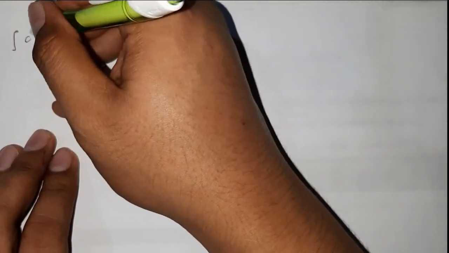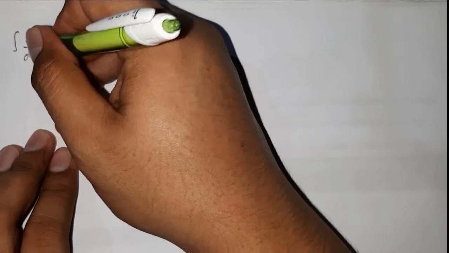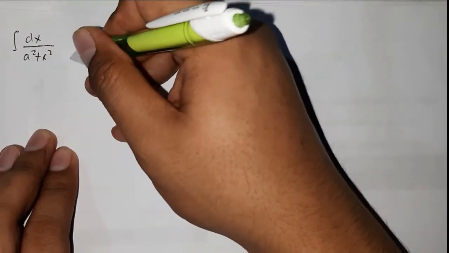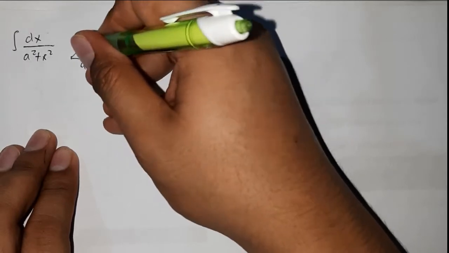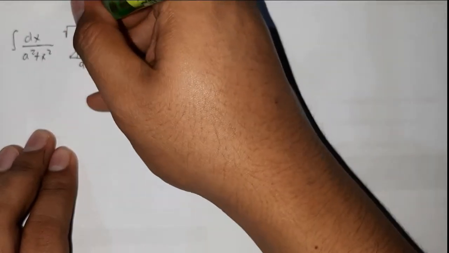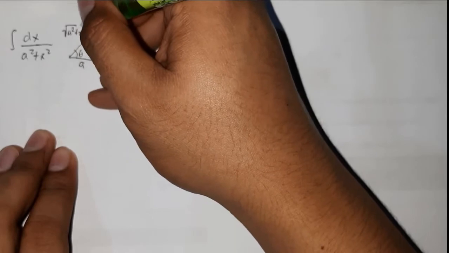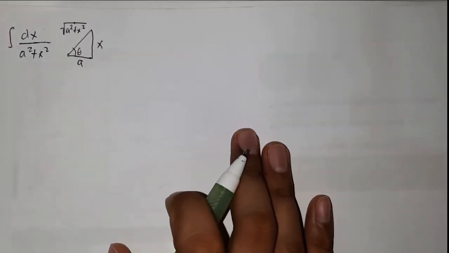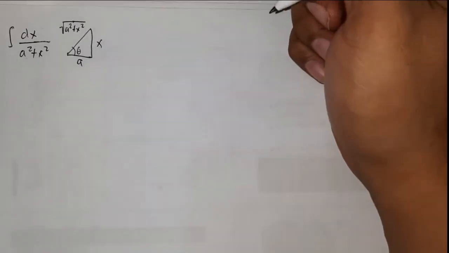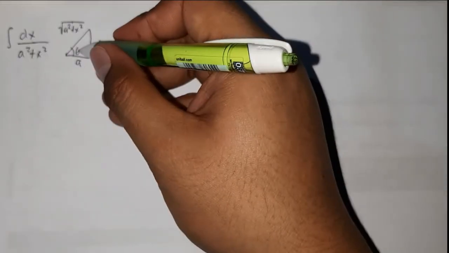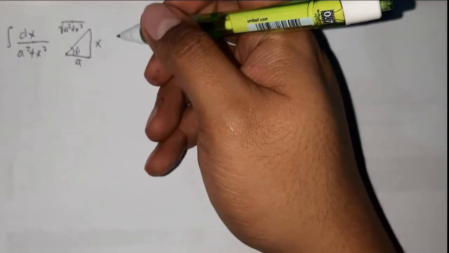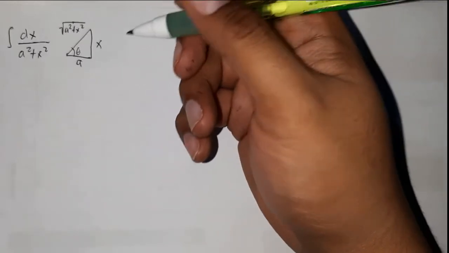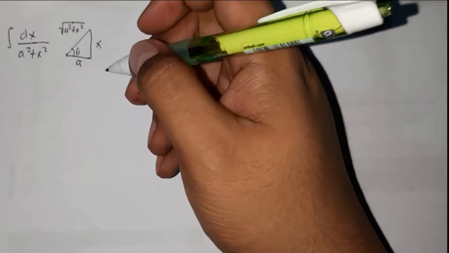So, i-rate ko lang dx over A squared plus X squared, x A theta square root of A squared plus X squared. Okay. Ayan. So, dahil nandito na si angle natin, nung gagamitin natin for this one ay ano pa rin naman, tangent pa rin naman.